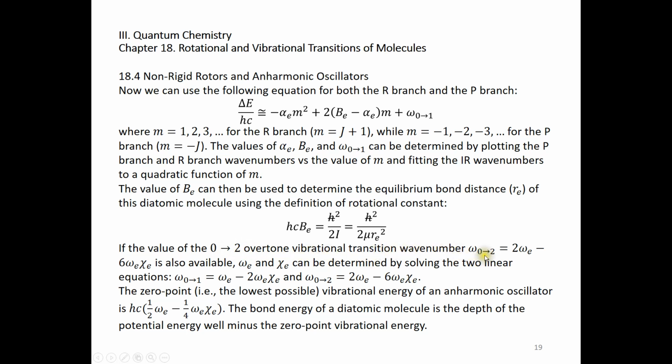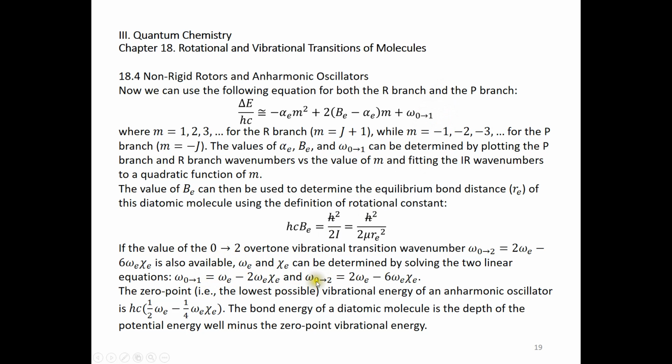And not only that, if we have the value of the 0 to 2 overtone vibrational transition wave number, that's for the transition from n equals 0 to n equals 2, and this is 2 omega e minus 6 omega chi e. If this value is also available, then we can determine omega e and chi e simultaneously, because we'll be able to get omega from 0 to 1 using this quadratic fitting.